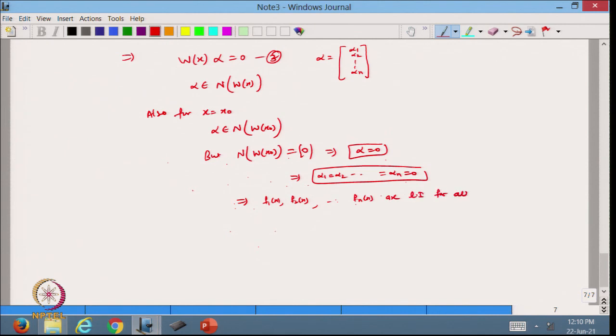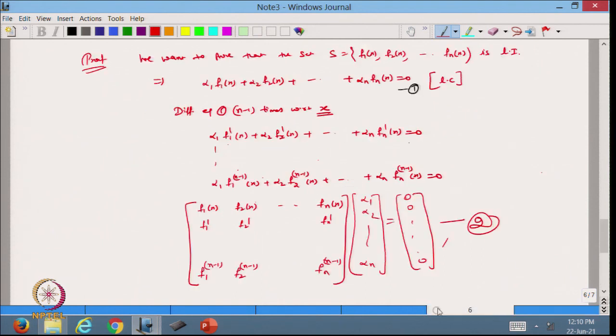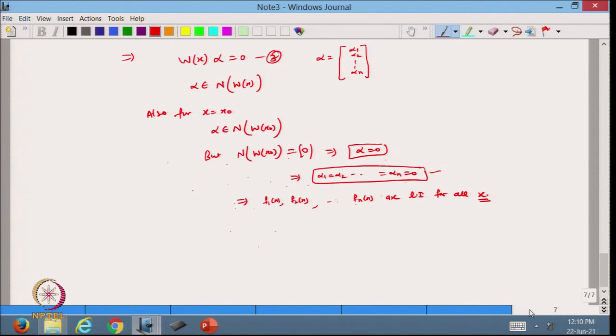Here we are working with just one point, and from the linear combination I have taken, we found that all the alpha i's are 0, and it is true for all x. So, this shows that S is a linearly independent set, true for all x.